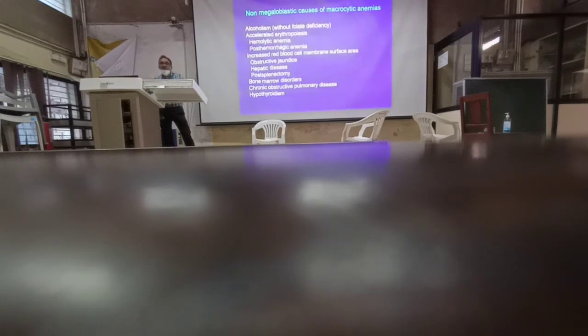Go for the vitamin B12 estimation. If the vitamin B12 level is reduced, it is a case of megaloblastic anemia. This is how we should tackle patients of vitamin B12 deficiency anemia.